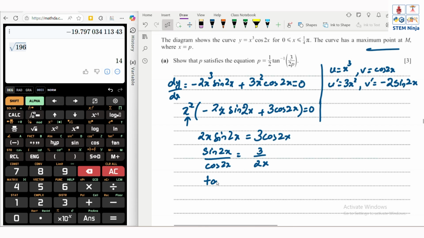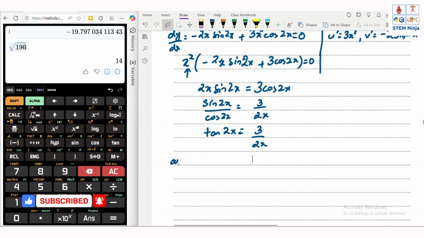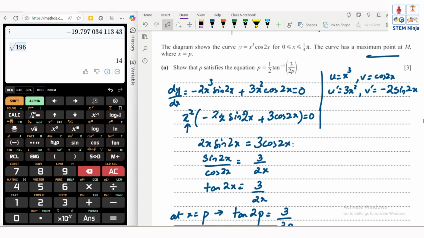This becomes tan 2x equals 3 by 2x. So x is equal to p, that would be tan 2p equals 3 over 2p. Therefore, p would be half of tan inverse of 3 over 2p. Right, that was that.